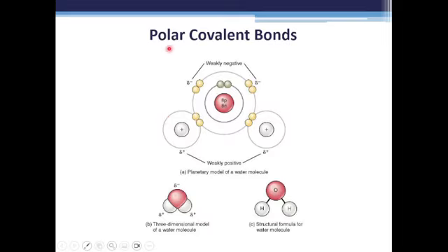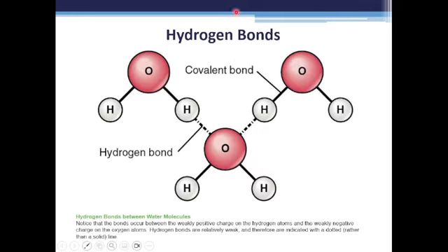Since we talk about polar covalent bonds, let's talk about hydrogen bonds. This is the last type of bonding. Hydrogen bonds are the weakest but the most important bonds. A hydrogen bond is not a true chemical bond like ionic or covalent, but instead it is a weak electrical attraction.